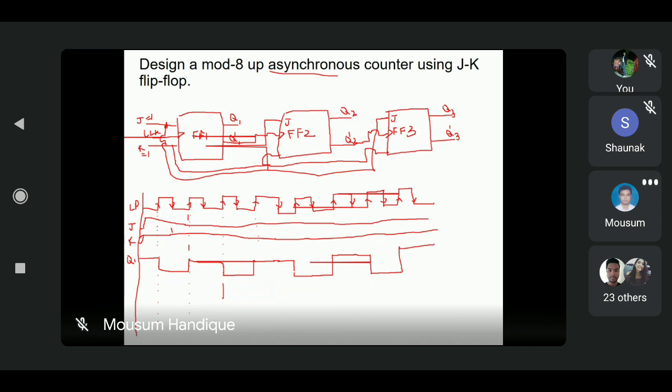Okay, because the clock pulse is changed here. The clock pulse is changed here. It changes here.